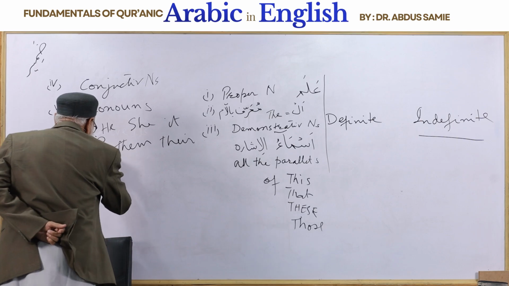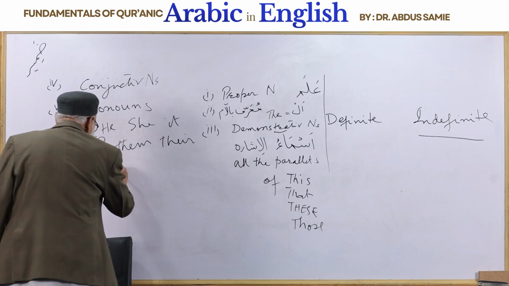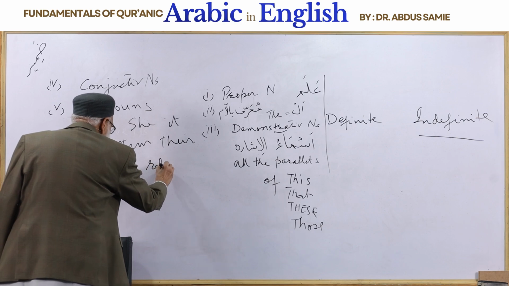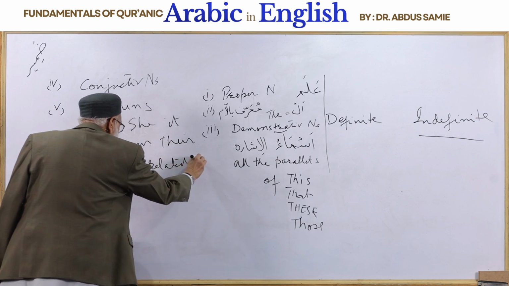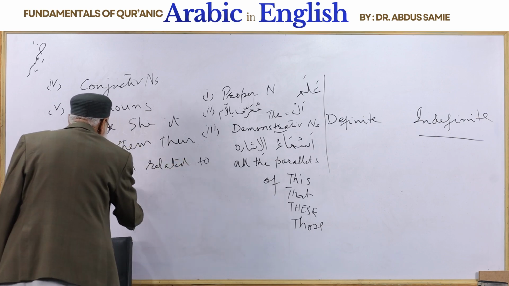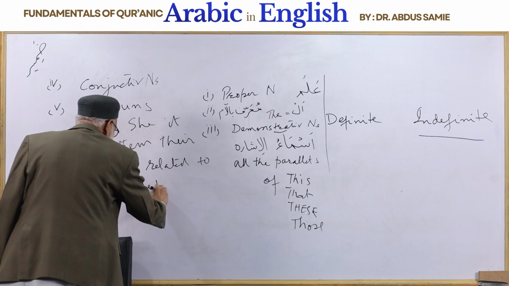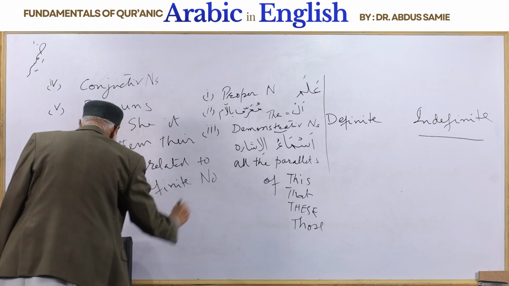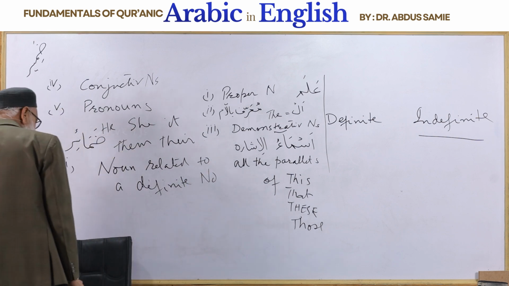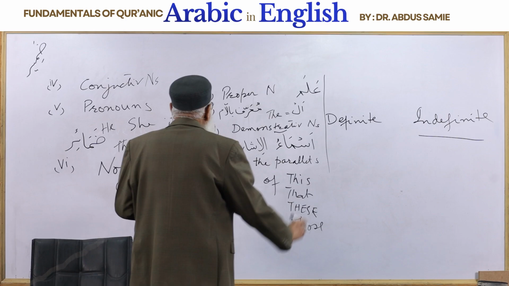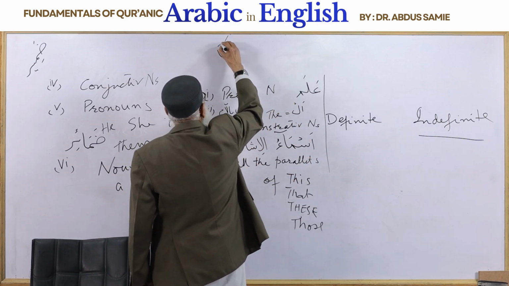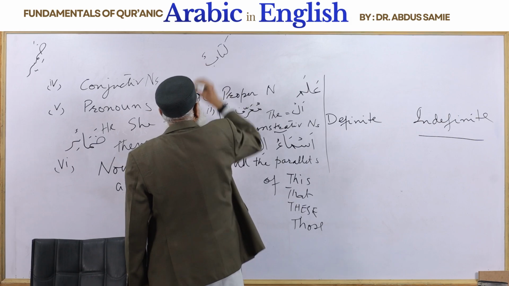Then number 6 is noun related to a noun, to a definite noun. The example is kitabun, kitab.